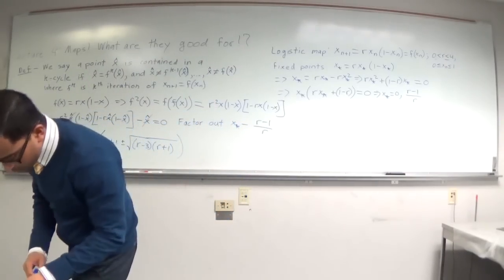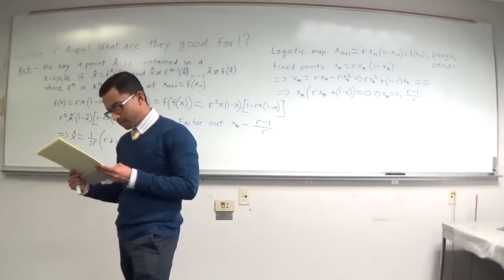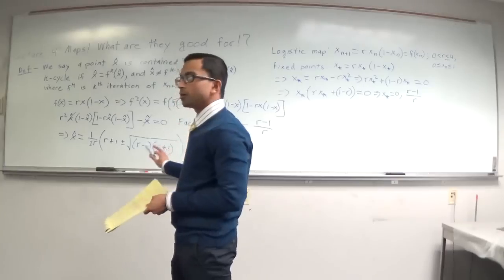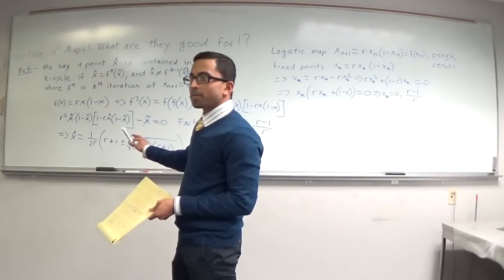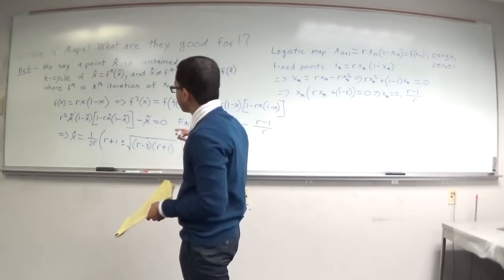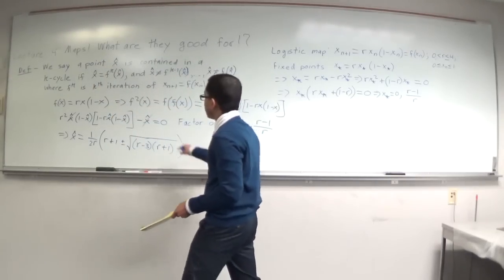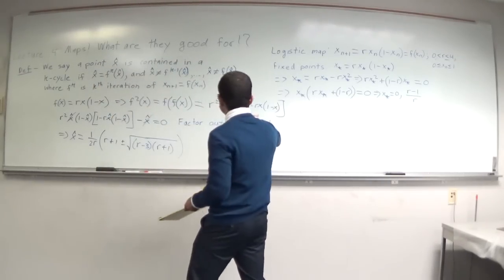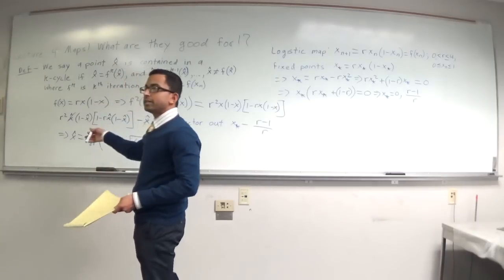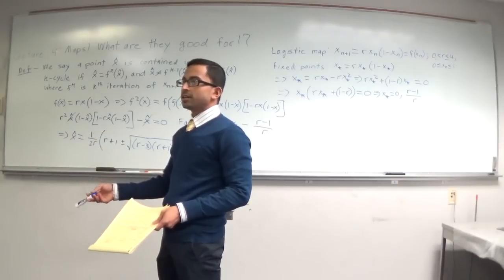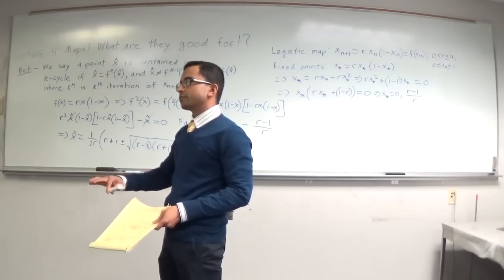So let me tell you the homework for that. I basically want you to just find the form of the 3-cycle. So use Wolfram Alpha for that. All you're going to do is find F3. So you're going to take this, plug it in here, find F3, discard all the 2-cycles and fixed points, and then you'll get an equation for the 3-cycle.